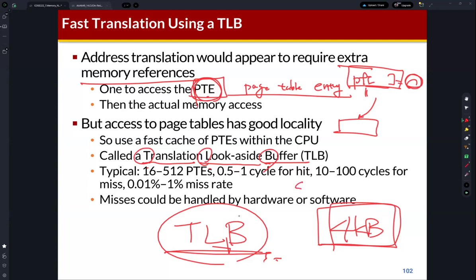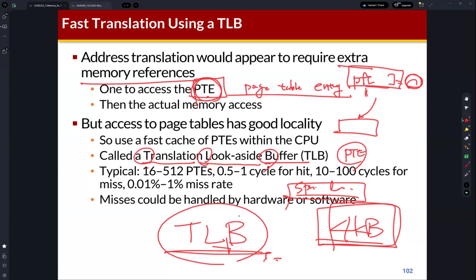We learned about spatial locality, right? Because of spatial locality, when a single PTE is accessed, the same page table entry will be accessed again and again.